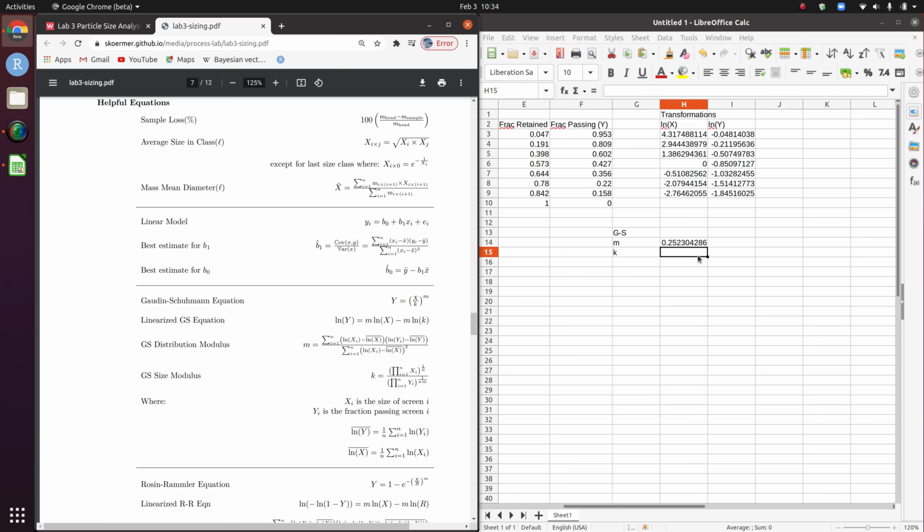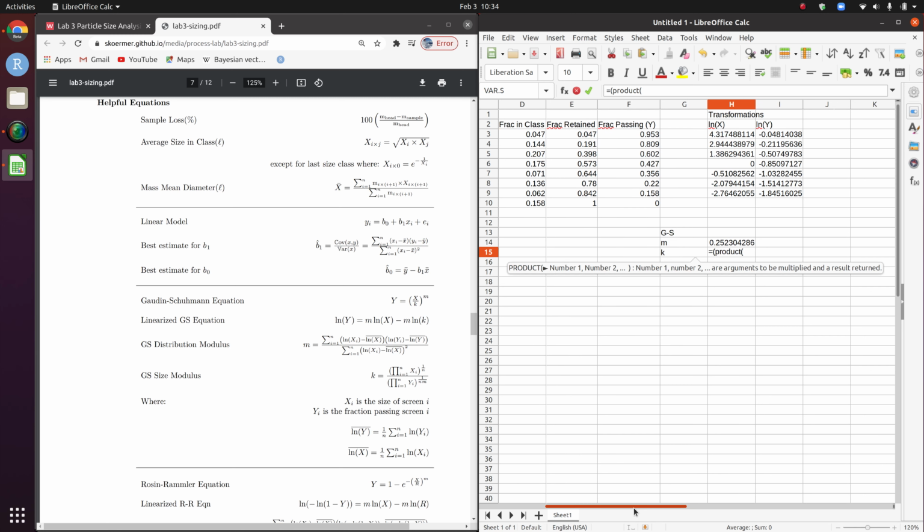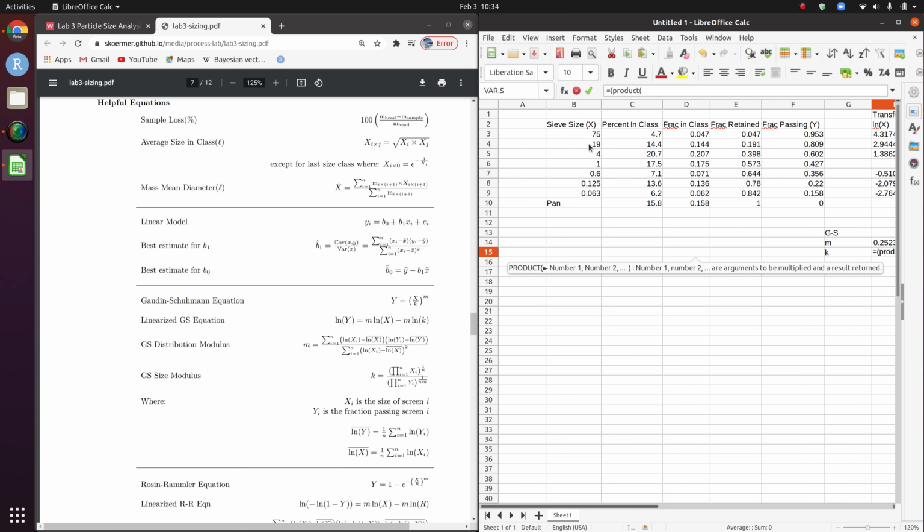So to do that, let's just work on the numerator first. We'll need to do the product of our x's and we take that to the power of 1 over the total number of data points besides the pan.